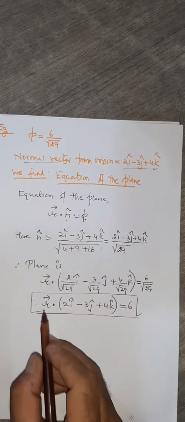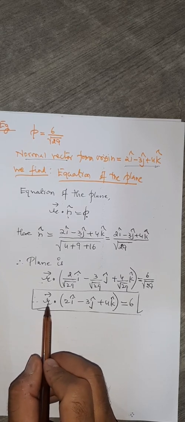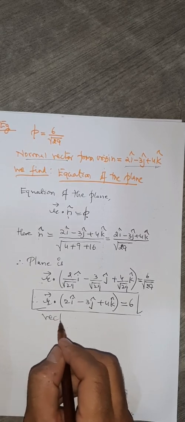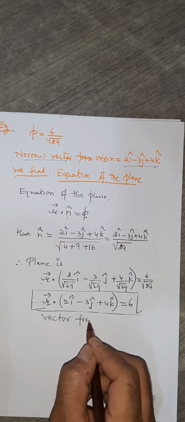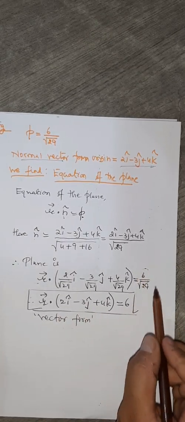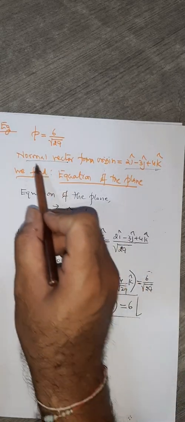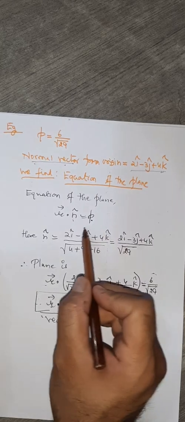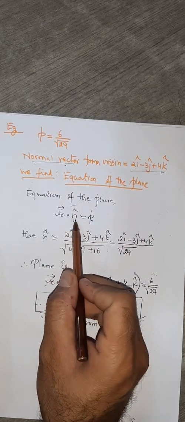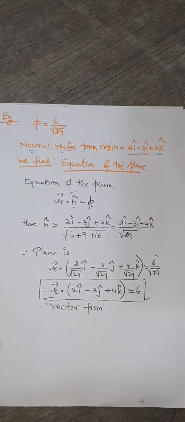And you can get the Cartesian form also just by placing what? r equals to x, y, z. This is the vector form of the plane on which a perpendicular of length p, 6 by root 29, is drawn from the origin. This is just a normal vector. So what we did extra here, you just convert into unit vector. So we have these and therefore we have this. Fine.